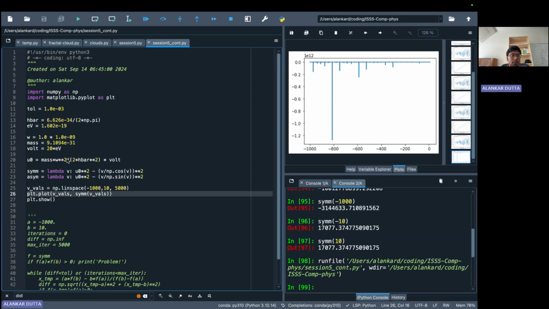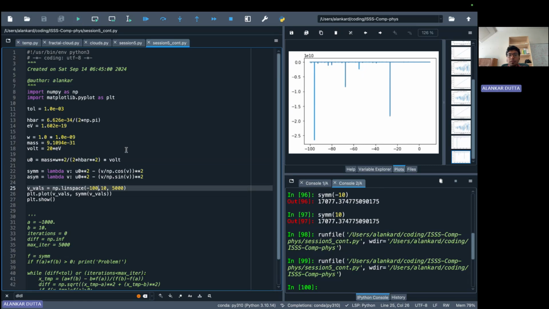So that will be here. And let's try to plot this once again. So yeah, you see there are multiple dips where it becomes negative. So let's try to look at this one first. So this will be minus 30 or something.